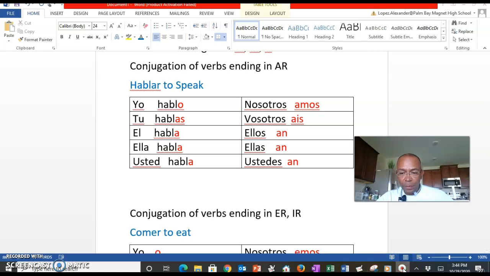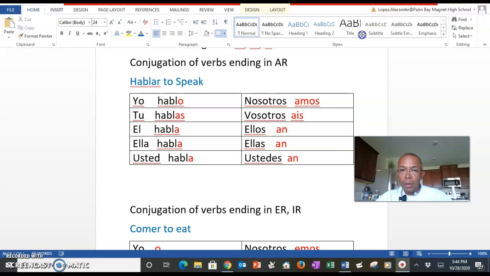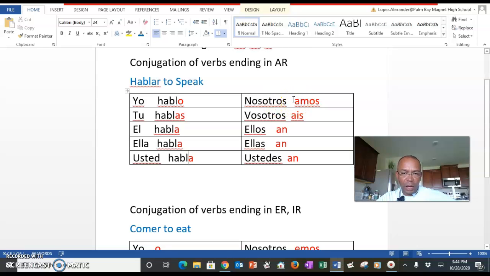Okay? Now, in the plural side, you have nosotros, which is we. And if you have an AR verb, you're going to put hablar, it will be the end, to speak. You get rid of AR, and you have hablamos together, right?